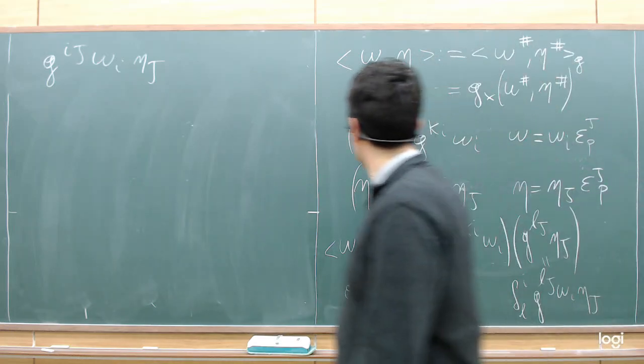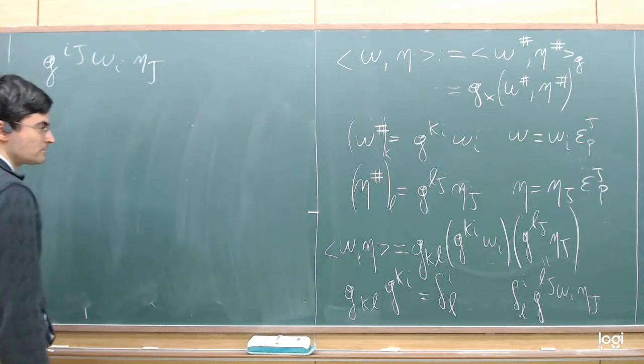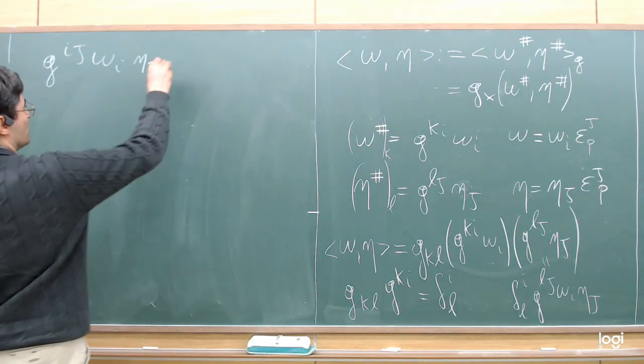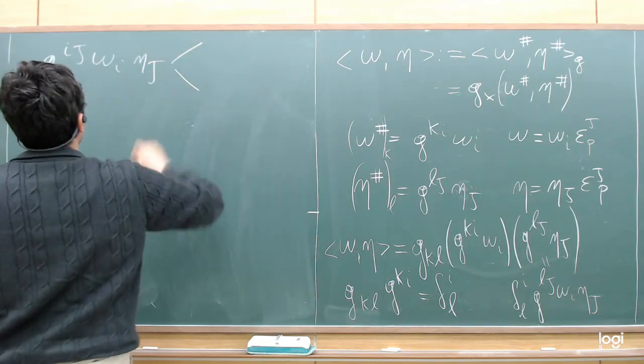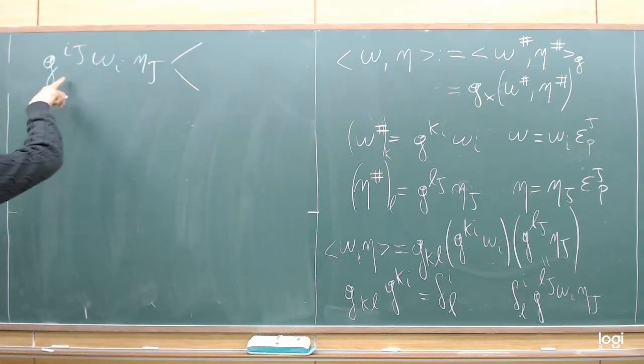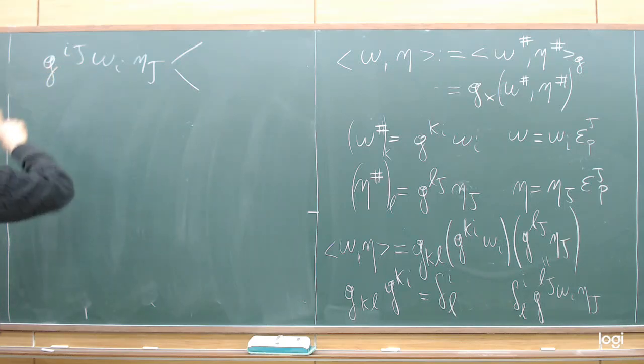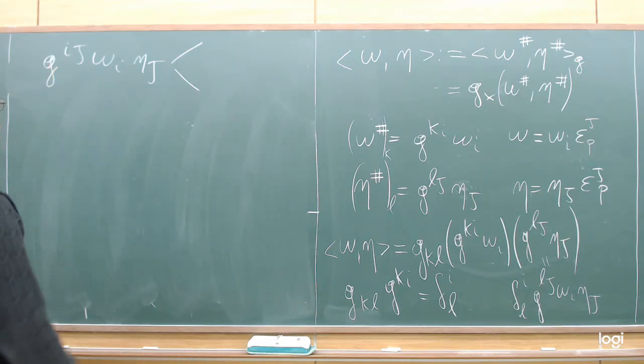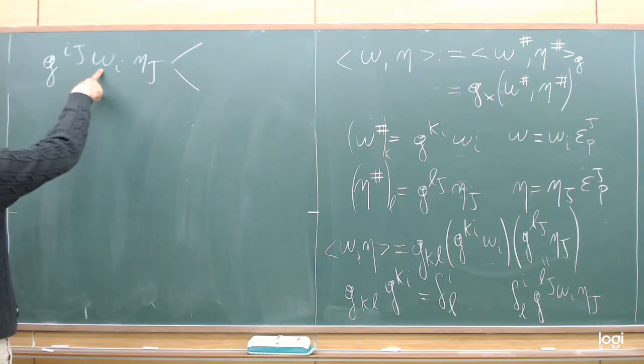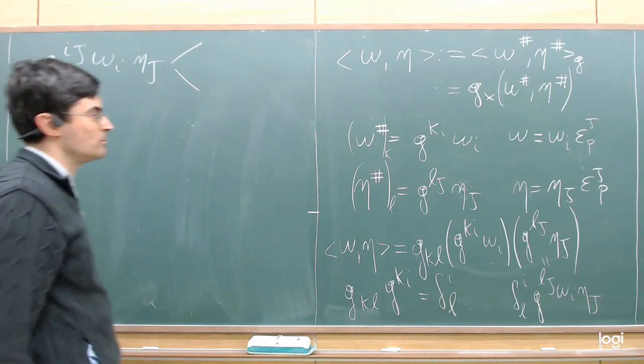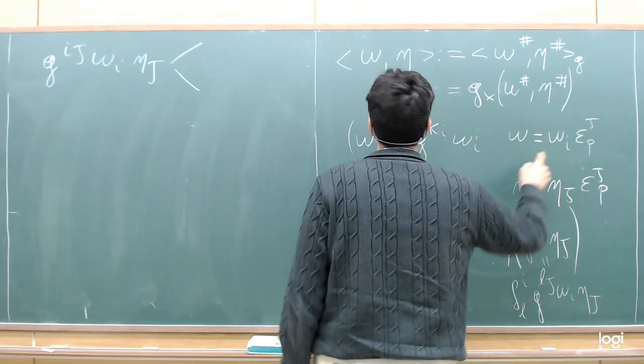So look at this formula, and from this formula you deduce that you are multiplying the inverse of the matrix g i j by omega i, which is the component of the covector omega.